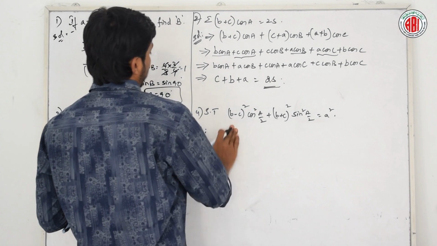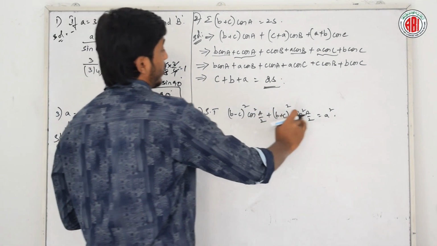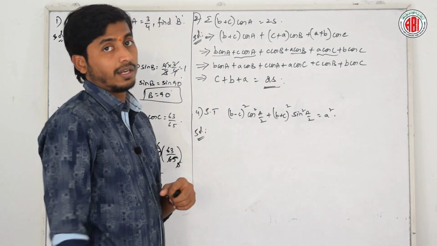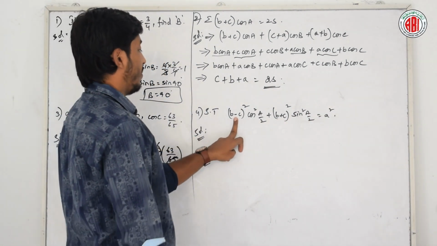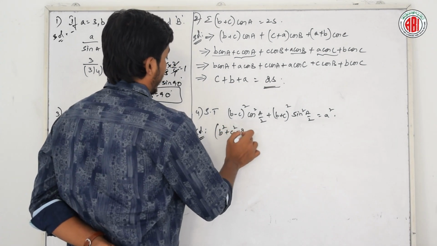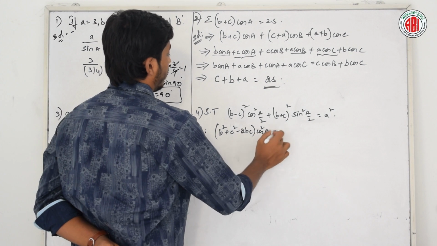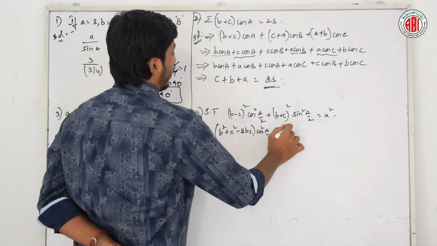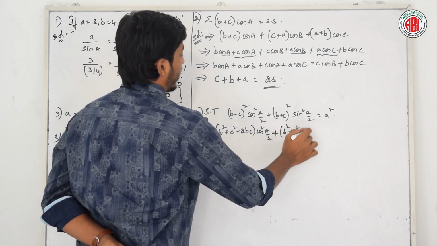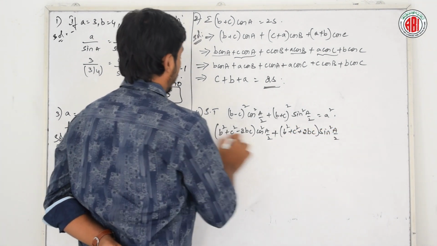He is telling that, show that (B minus C) whole square into cos square A by 2 plus (B plus C) whole square sin square A by 2 is equal to A square. Now tell me, can I write (B minus C) whole square as B square plus C square minus 2BC, into cos square A by 2, and here B square plus C square plus 2BC into sin square A by 2?